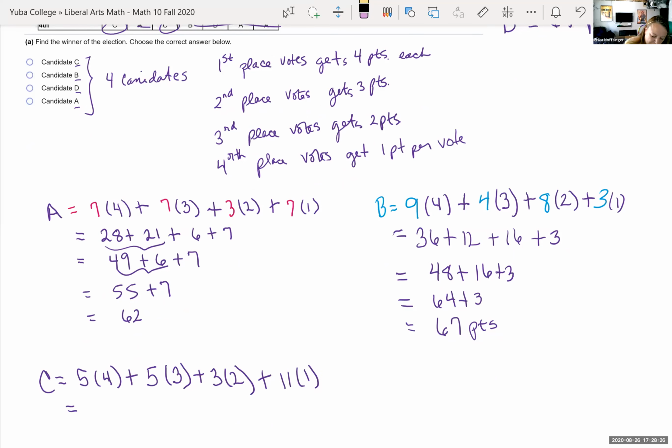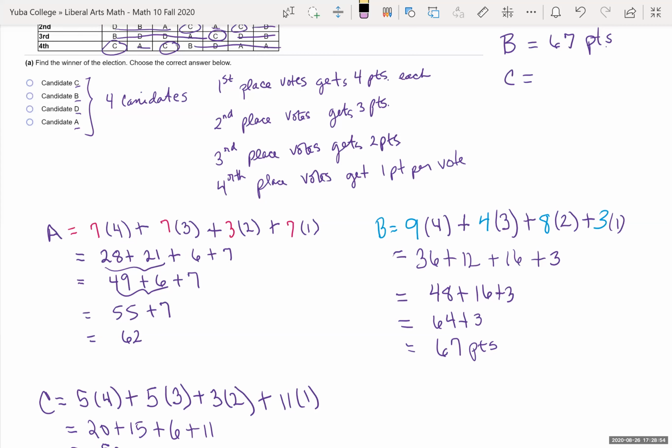So we have 5 times 4 is 20, plus 5 times 3 is 15, plus 3 times 2 is 6, plus 11 times 1 is 11. So that's 35, 41, 41 plus 11 should give us 52. And so C has 52 points.